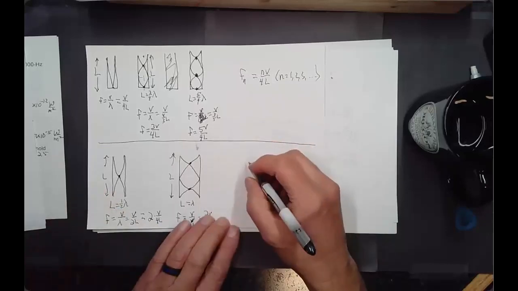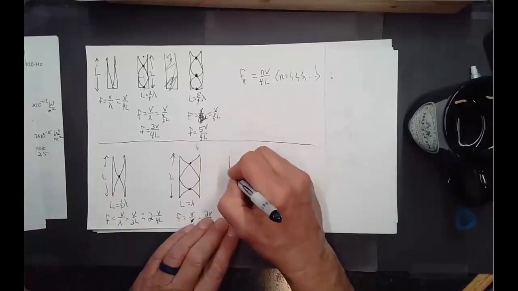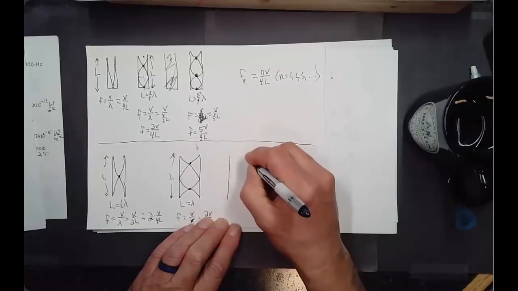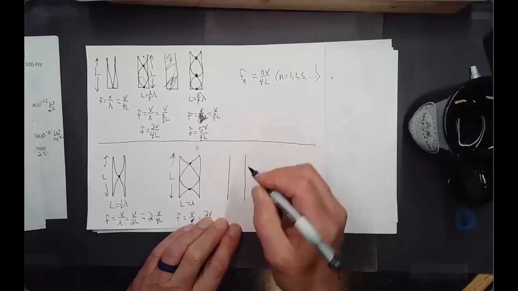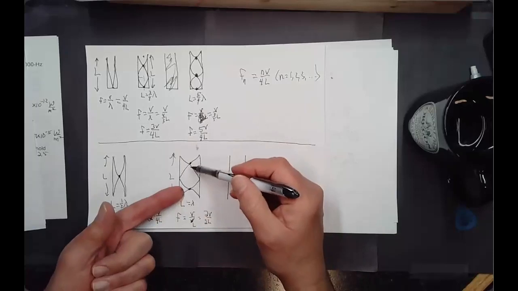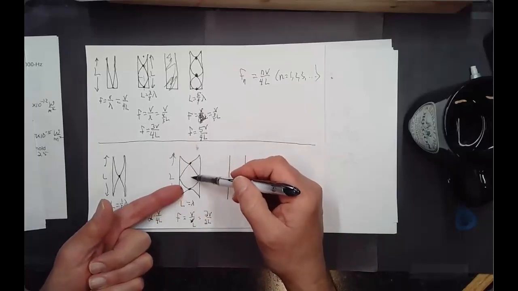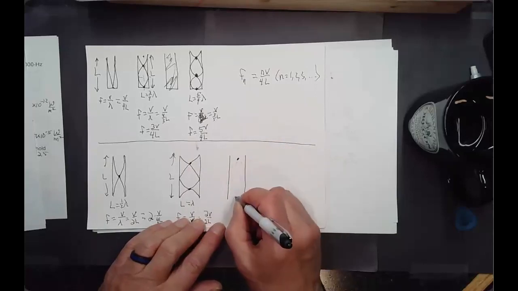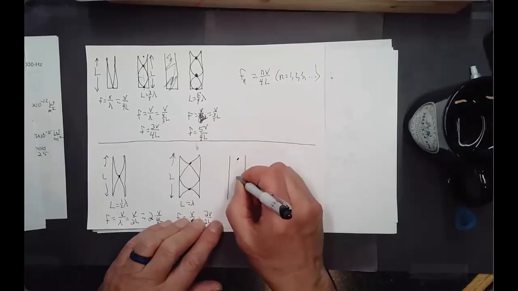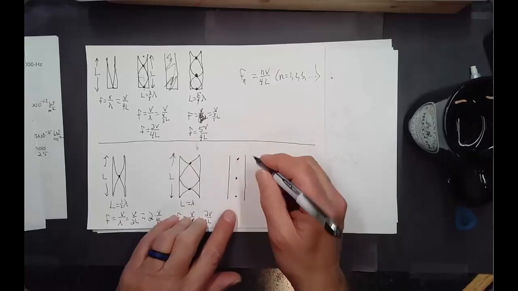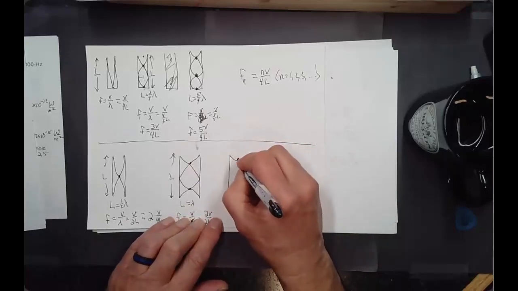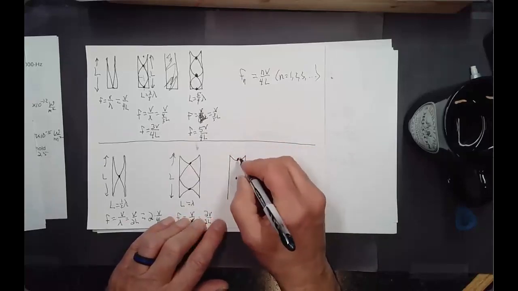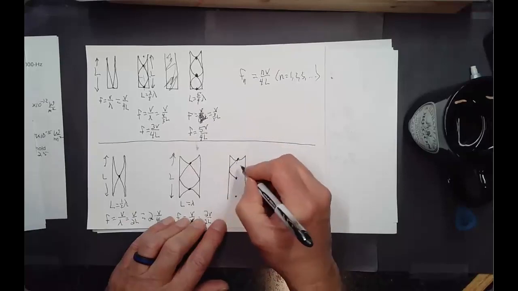Let's keep going. And pretty soon we'll be able to write down just a general formula for this. Well, what happens is we'll add another node in here somehow. So I'll have one up here, I'll have one up here, and somewhere, somehow, halfway between them, I'll get another node. So here we'll have something like this going on.